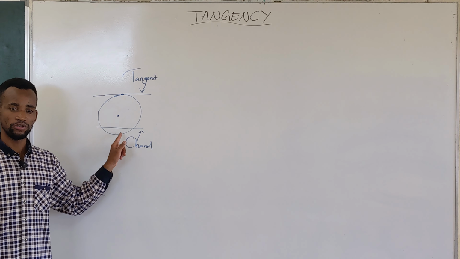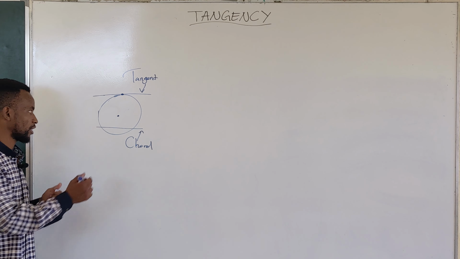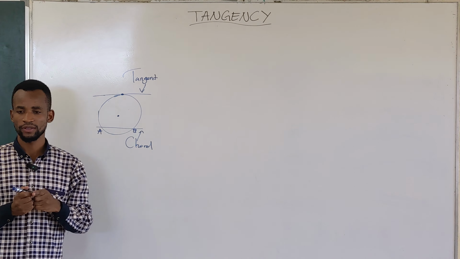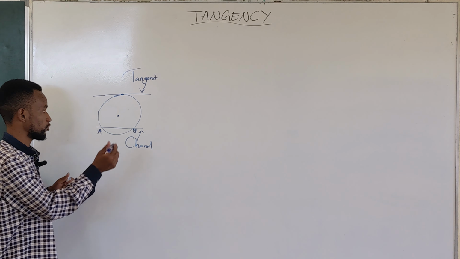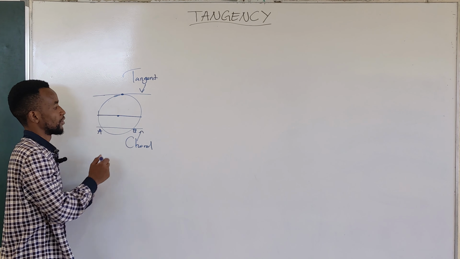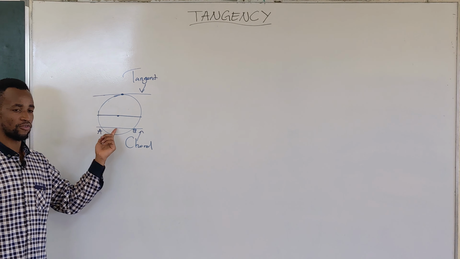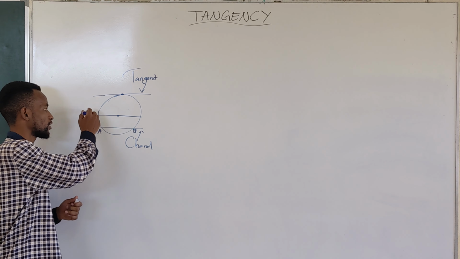And then we have a chord. A chord is a line that cuts the circle at 2 points. So we can have point A and point B there. A line that is cutting the circle, and there's also a diameter, right? So here, a chord will cut the circle at any 2 points. The diameter will also cut the circle at any 2 points.